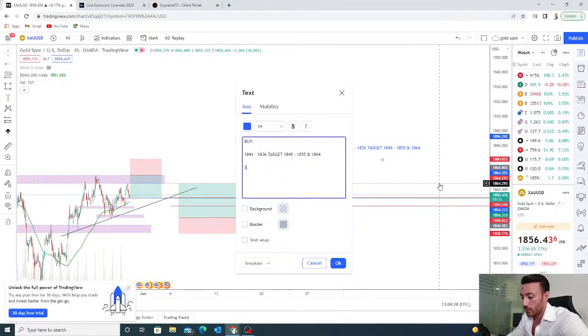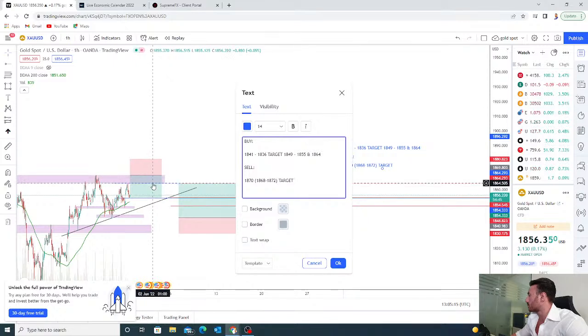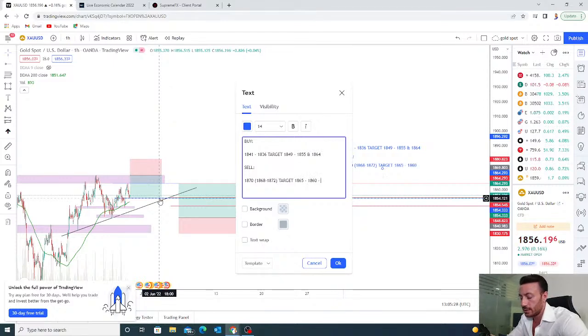Okay, the sell will be sell around 1870, I would put 1868 to 1872, and my targets 1865, and 1855.